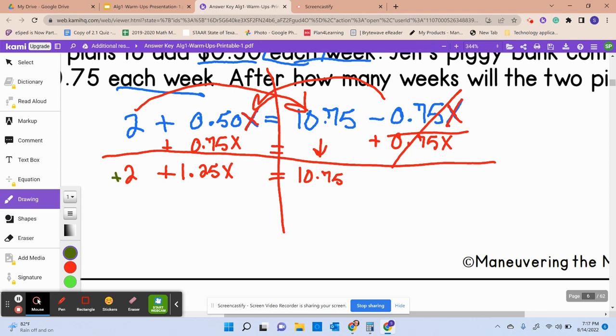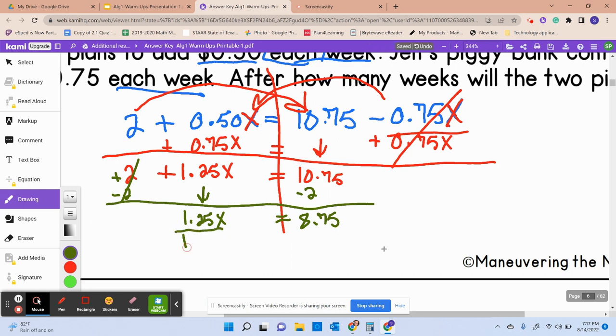Well, this is a positive 2. So to get rid of it, you're going to have to minus 2, minus 2. So that cancels out, and you're left with $1.25x is equal to $8.75. And then the last thing to do would be divide by $1.25 and divide by $1.25.